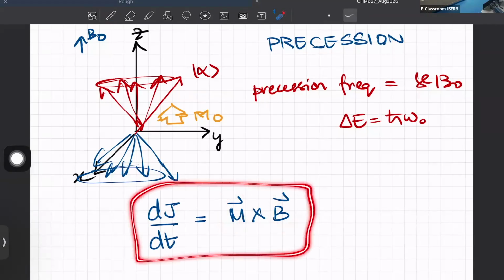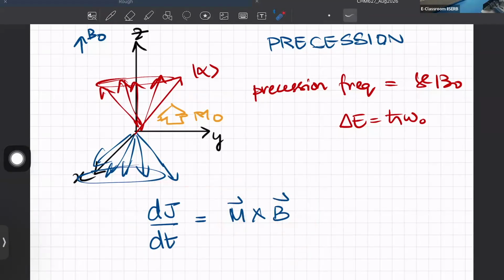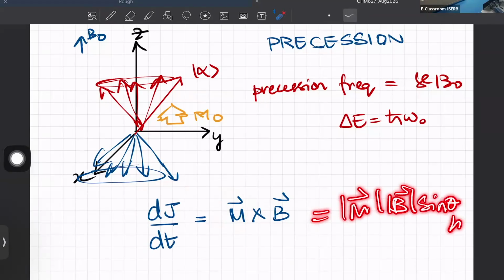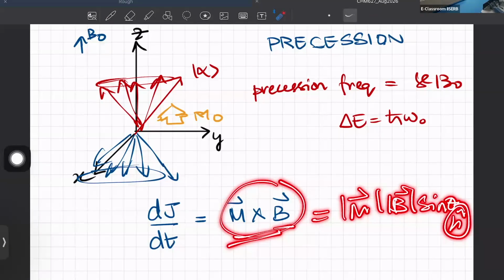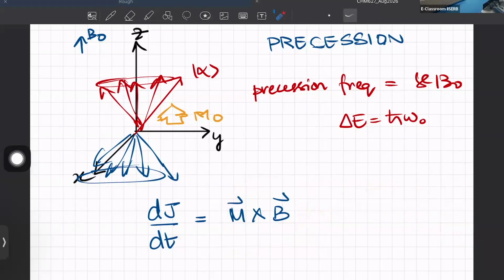These are physics principles. Is that right? The cross product is mod M, mod B, sine theta, n cap, where n cap is perpendicular to the plane containing M and B, and theta is the angle between the vectors M and B. Correct?